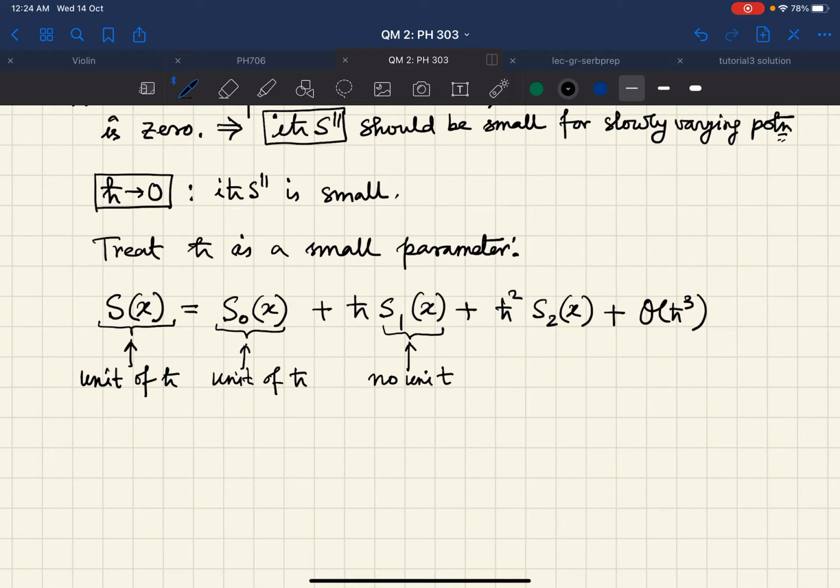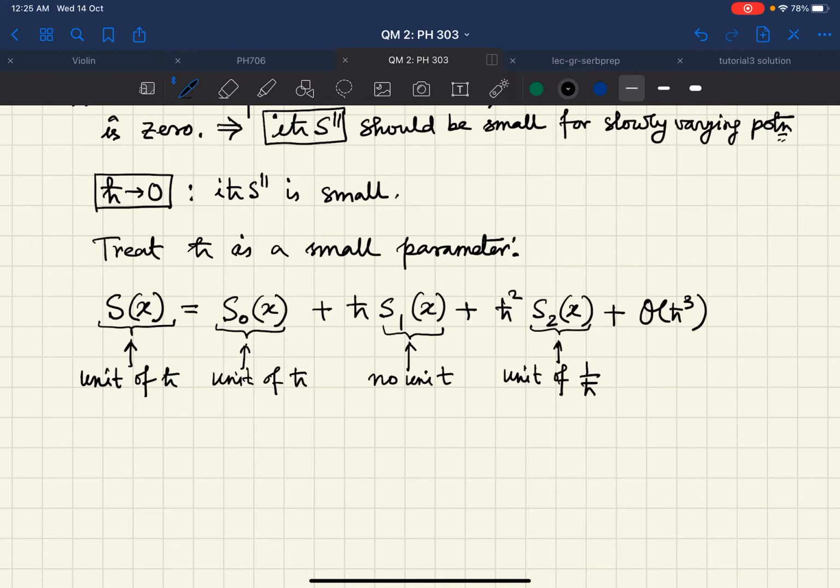On the other hand, in the third term we see that there is already ħ squared sitting, so S2 of x must have the unit of 1 by ħ, or ħ inverse. So each of these S0, S1, S2, Sn will have a different unit. That is another important point that you should note.